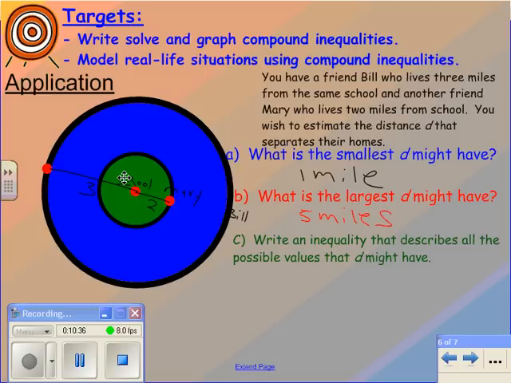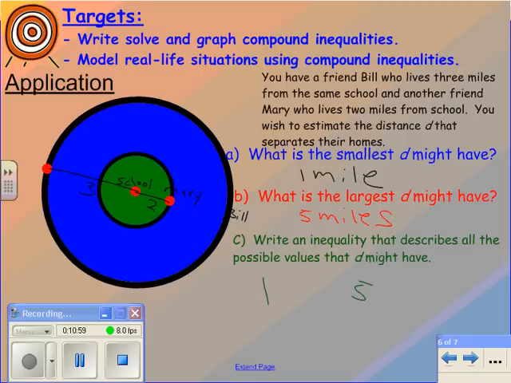Now I want to write an inequality that describes all the possible values that D might have. Okay. So if I write that, I'm going to start out with my smallest distance of 1 mile, and then my largest distance, which was 5 miles.